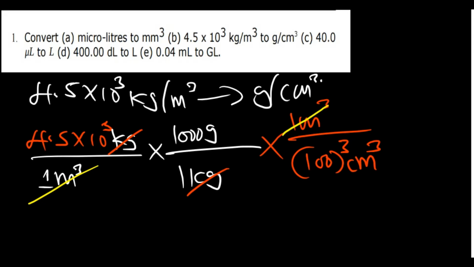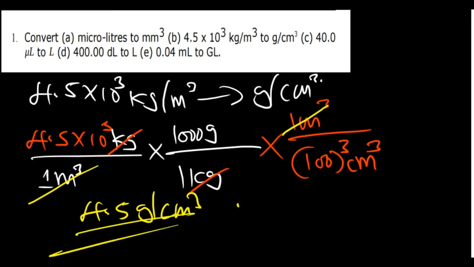So it's just a matter of us now getting our calculator and finding the answer. We're going to have 4.5 times 10 to the power 3 times 1000, divided by 100 raised to the power 3. I'm getting 4.5 gram per cubic centimeter. So this is the answer for part B.